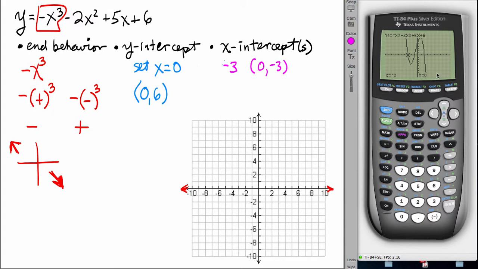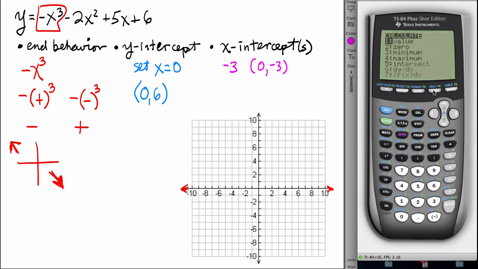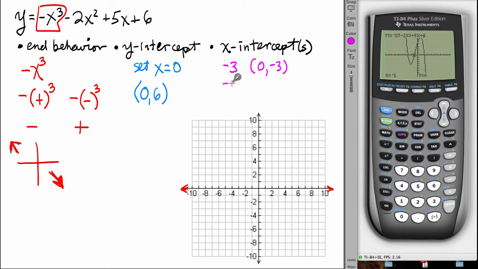Now, let's find some of the others. It looks like it crosses at -1. Second calc, let's just verify that. Option, value, put in -1, press enter, and the y value does equal 0. So negative 1 is also an x-intercept.